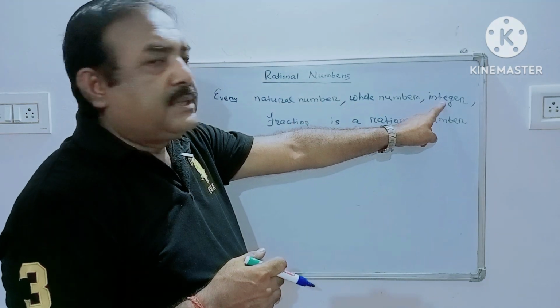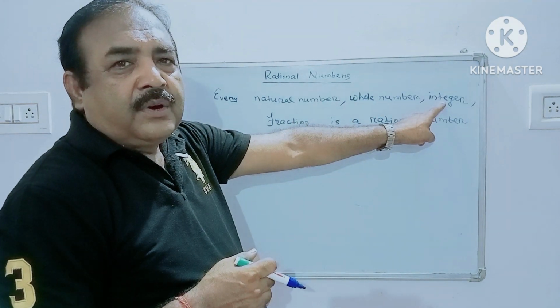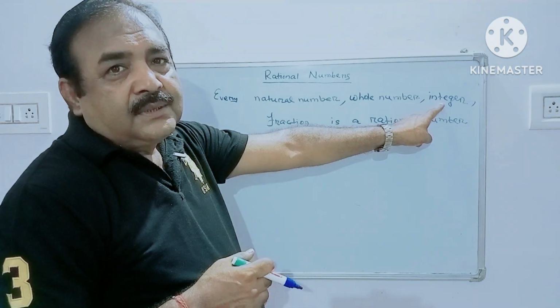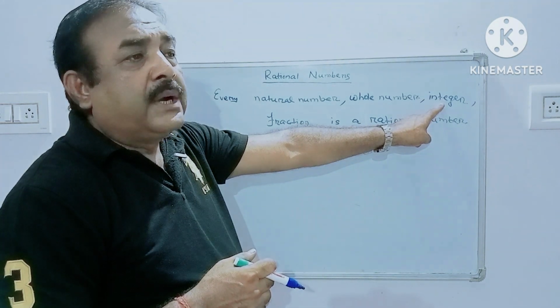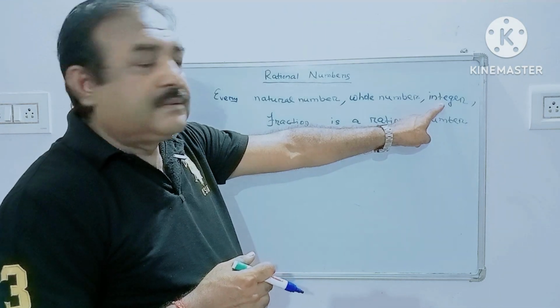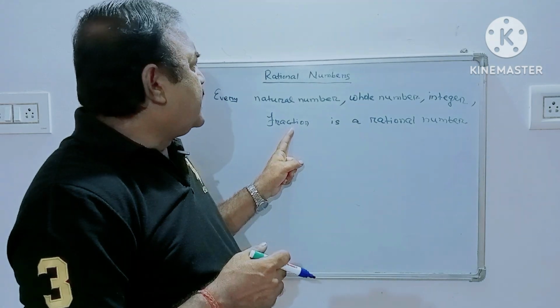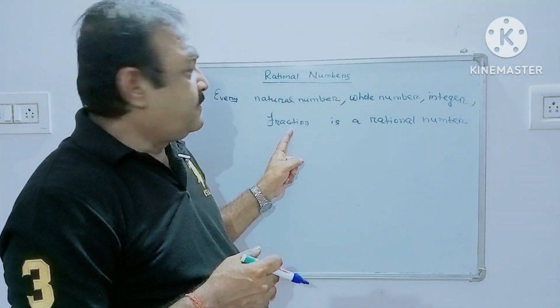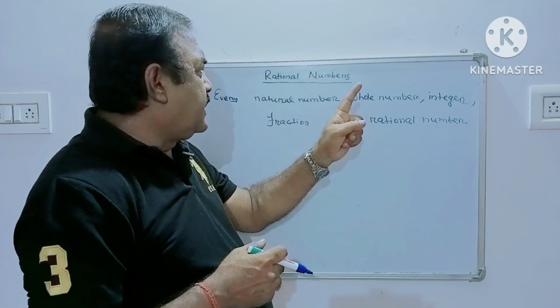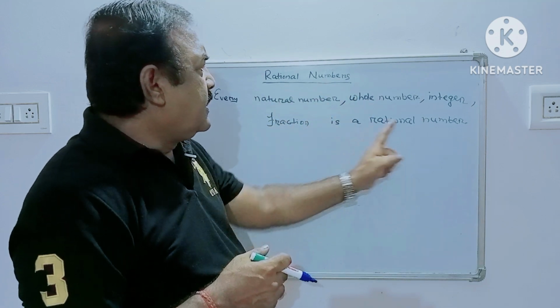Then come to integers. You know, already I have discussed in the previous video how it is helpful to denote the ideas that are opposite in the direction of sense. And fraction, already you know. So each natural number, each whole number, each integer and each fraction is a rational number.